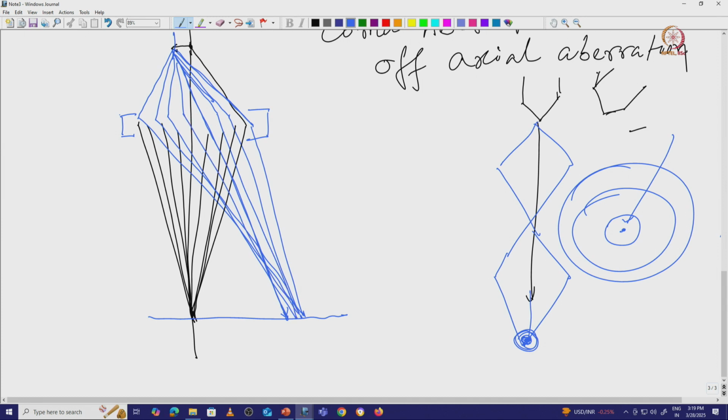So now you can see there is a crossover point, coming here from some rays, and there will be a brightest spot here, and then this spot will start spreading.